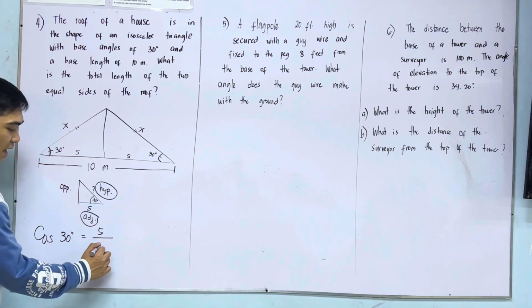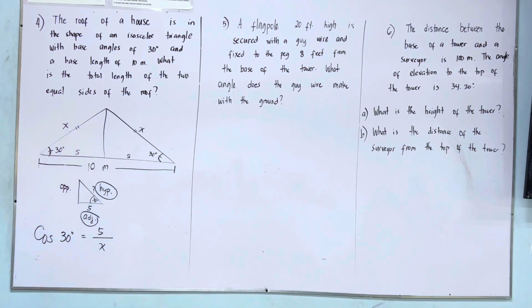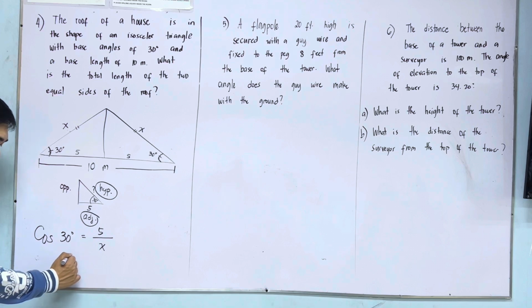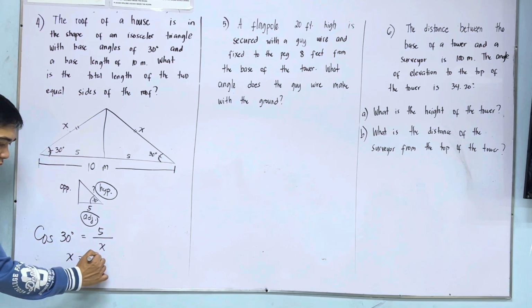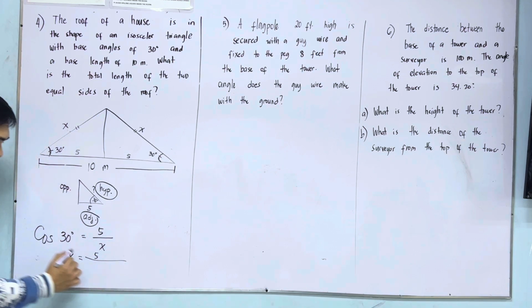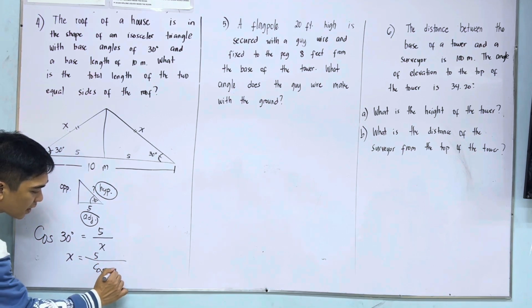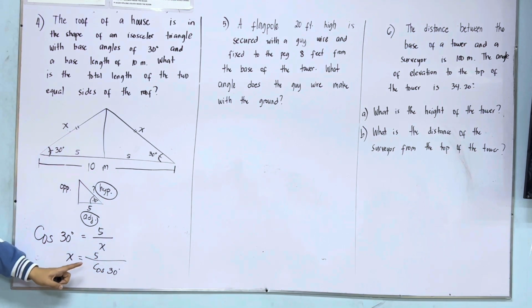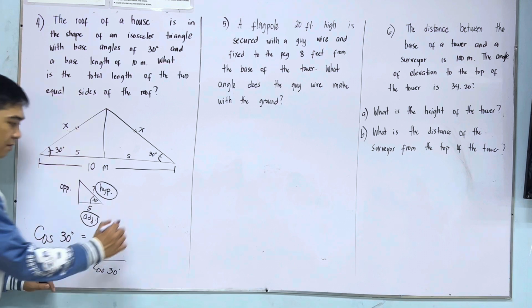Let's say x na lang. Okay? Now, cross multiply or yung shortcut na tayo. Pagpalitin lang natin. This will become x is equal to 5 over cosine 30 degrees. I-insert na sa calculator. Walang shift ang gagamitin kasi length naman ng side ang hinahanap.